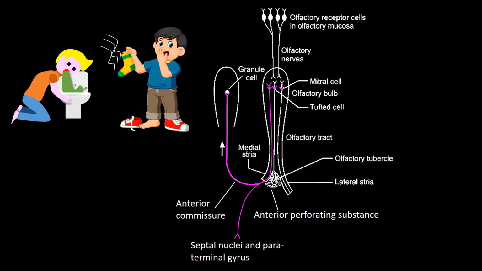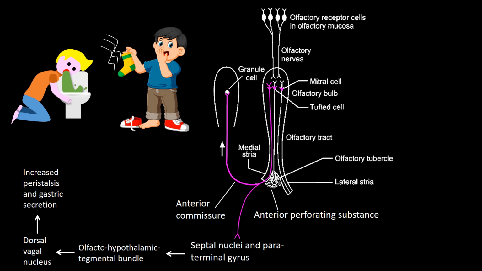Axons from mitral and tufted cells traveling in the medial stria either cross to the contralateral side by way of the anterior commissure to reach the contralateral olfactory bulb, or end up at the ipsilateral septal nucleus and paraterminal gyrus. Neurons contacted by the olfactory fibers in these regions travel in the olfactory hypothalamic tegmental bundle to reach the dorsal vagal nucleus. This circuit is concerned with peristalsis and gastric secretion.